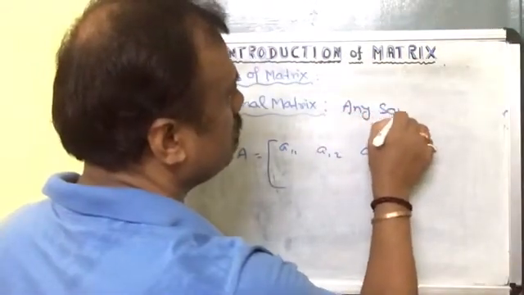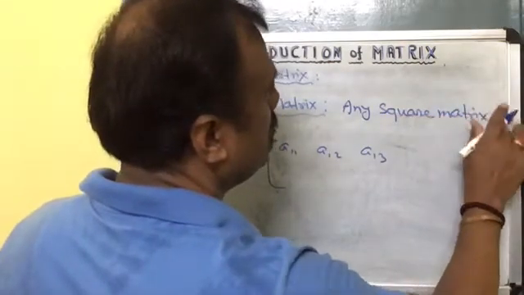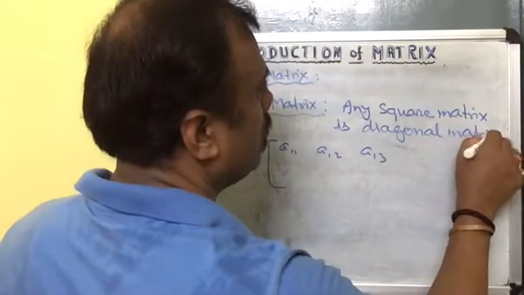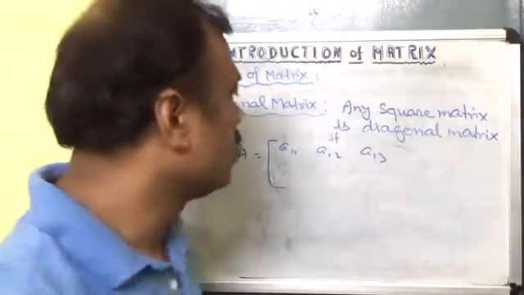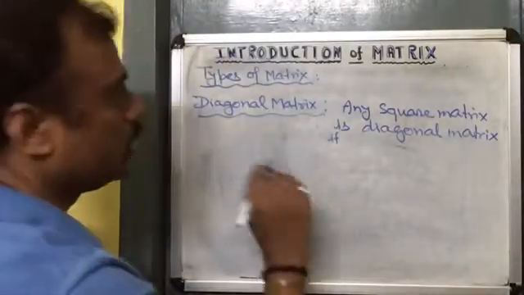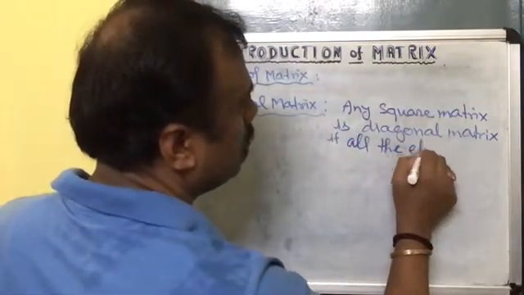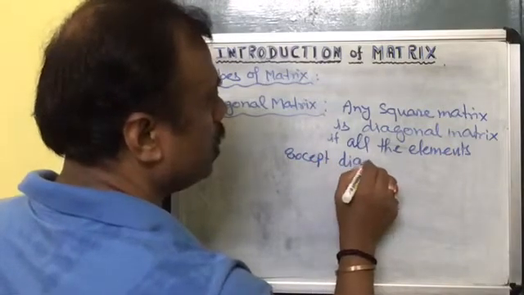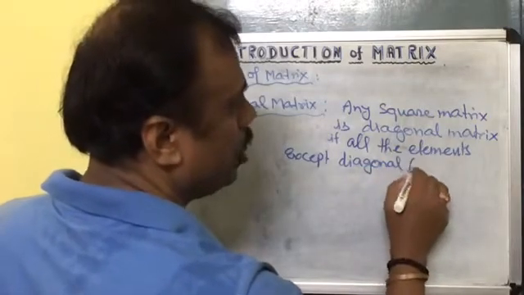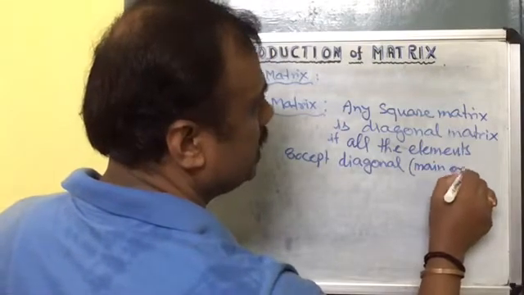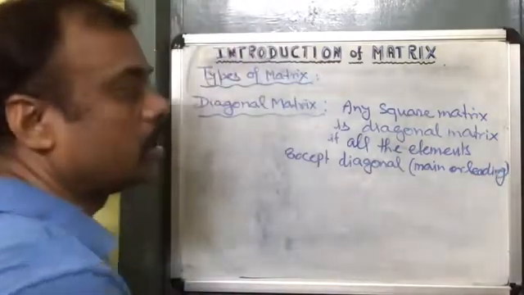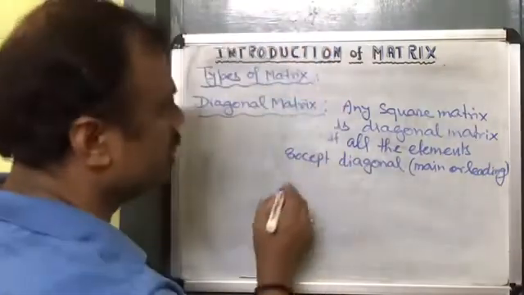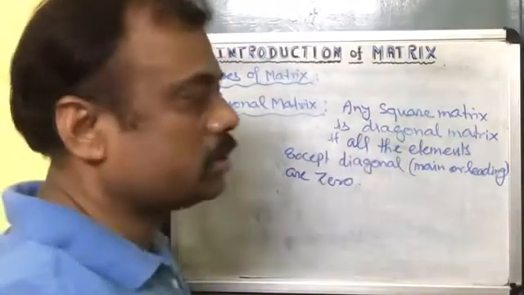Any square matrix is a diagonal matrix if, we must remember this, all the elements except diagonal elements, the main diagonal or leading diagonal, are 0. If it is simply called diagonal, we will think of the main diagonal or leading diagonal.